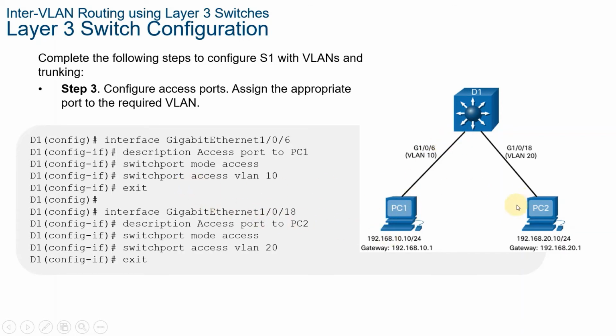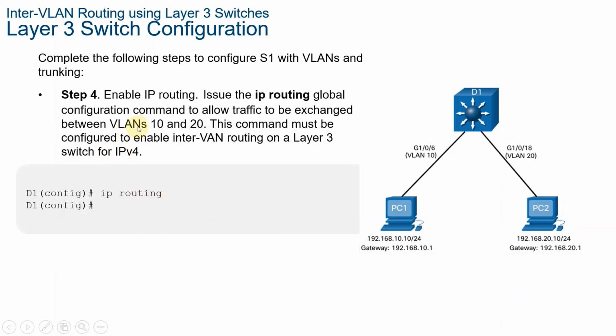You do the same on the host for VLAN 20. So that would be interface G1/0/18. VLAN 20. Switchport mode access, switchport access VLAN 20, and then exit.